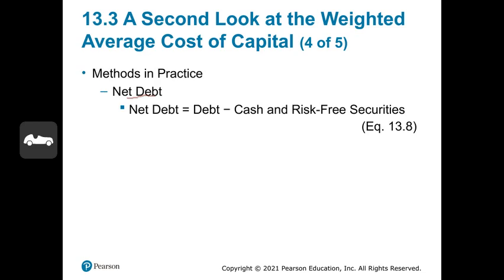We did not look at how much was on the asset side. We know what the total was, but we don't know how it was broken out. So there are some arguments that we should use net debt to calculate the weights. And net debt is equal to the total debt minus the cash and the risk-free securities, which are securities we could turn into cash pretty quickly.